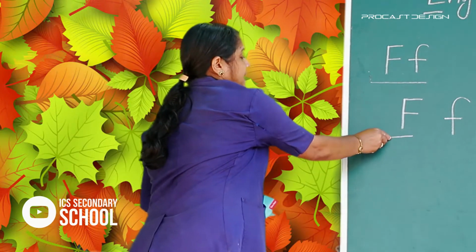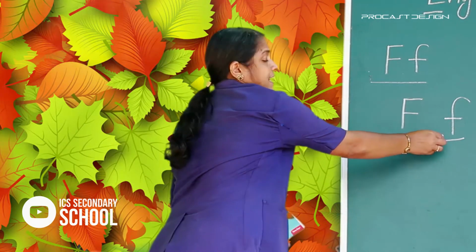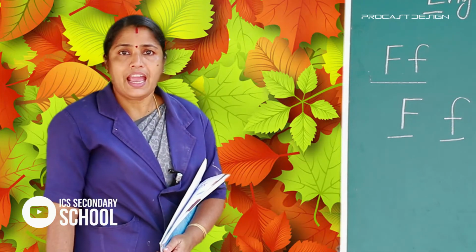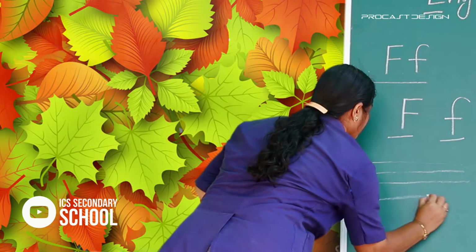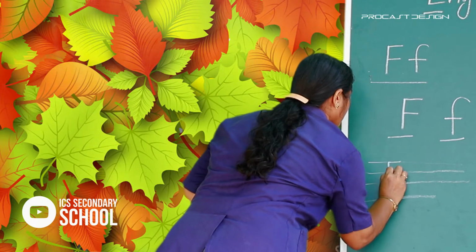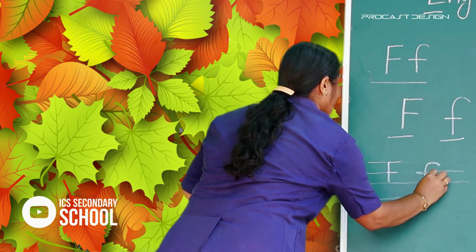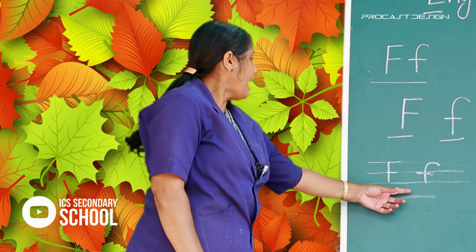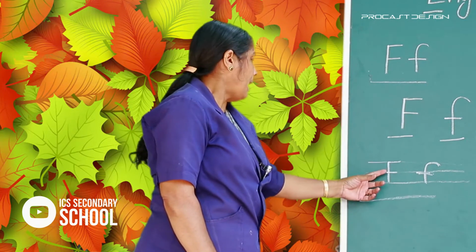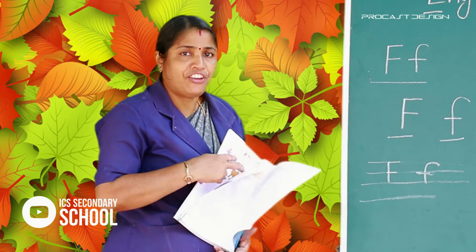Which letter is this? Capital letter F. Which letter is this? Small letter F. This letter is capital letter F. This letter is small letter F. Capital letter F, small letter F. F for fish.